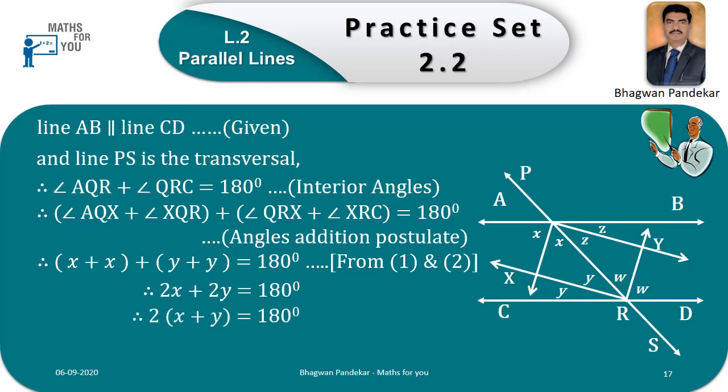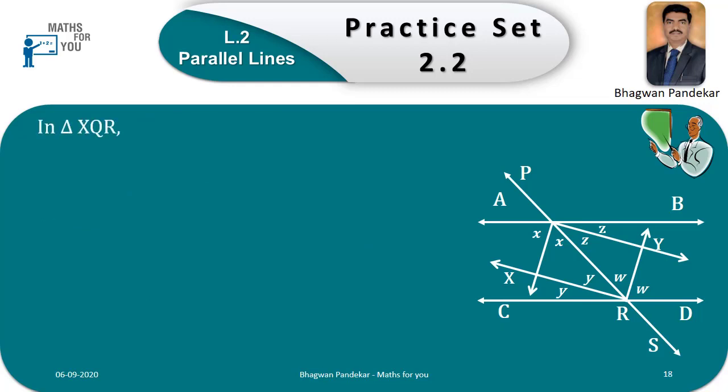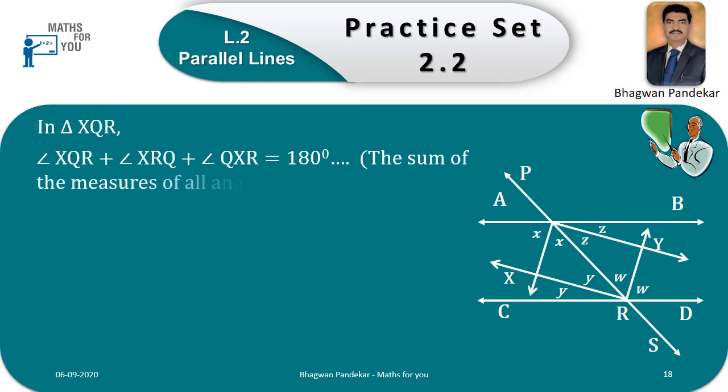Taking 2 common, we can write 2(x plus y) is equal to 180 degrees. Therefore, x plus y is equal to 180 degrees divided by 2. So therefore, x plus y is equal to 90 degrees. This is your fifth equation. Observing this figure, in triangle XQR, angle XQR plus angle XRQ plus angle QXR is equal to 180 degrees.